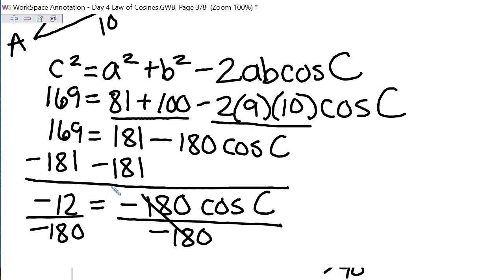So that gives us cosine of angle C is equal to 12 over 180, a negative divided by a negative becomes positive. Now 12 over 180 does simplify, but it's ready for the calculator anyway. So have the calculator do it for you. If this is an arc cosine value, how do I need to remember to put this in the calculator? Cosine inverse.